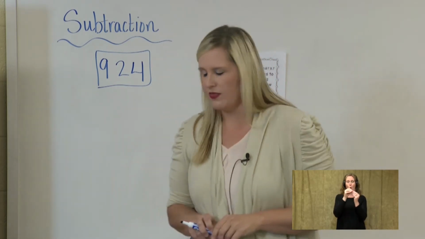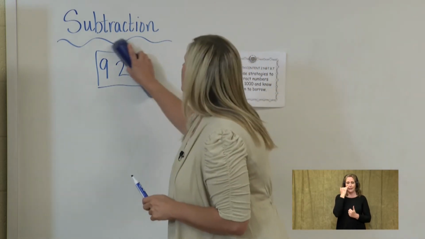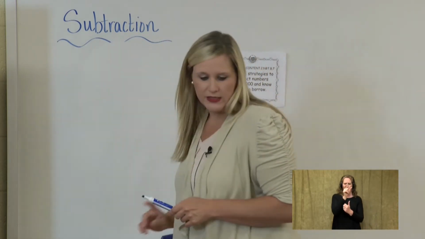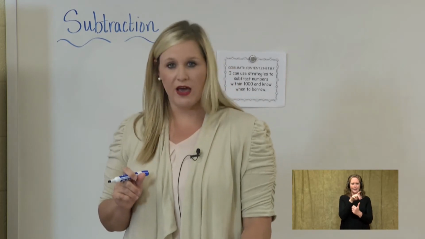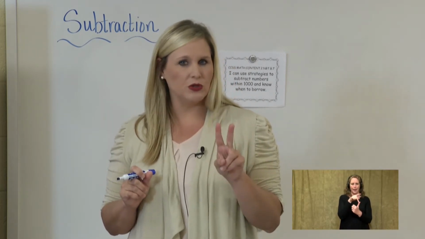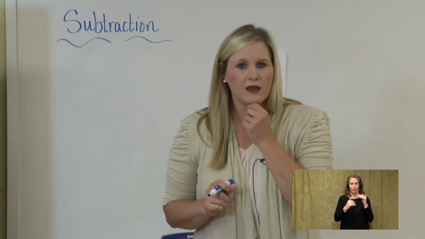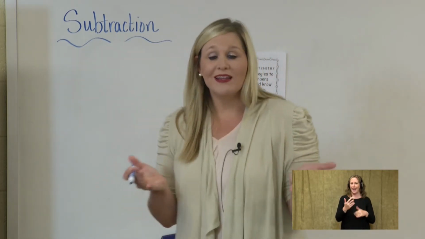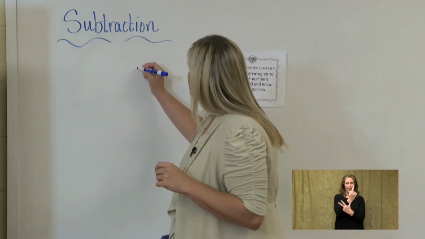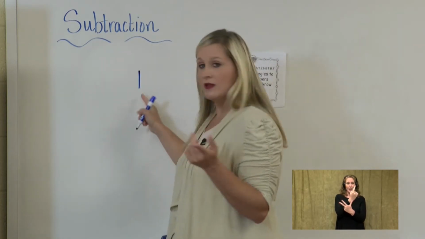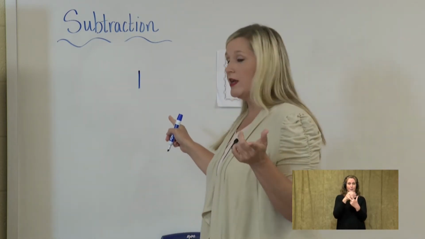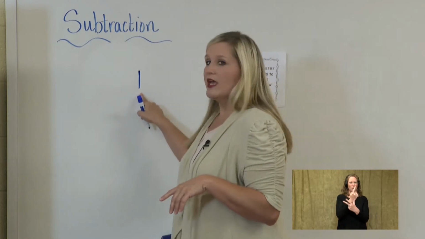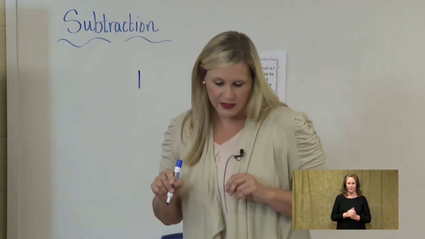So let's think about that. He says the ones place value is less than 2, but greater than 0. What digit could that be? That's right, it's 1. There's only one option. So that would be a 1 in the ones place.